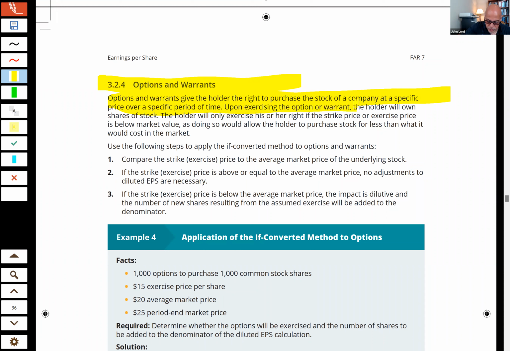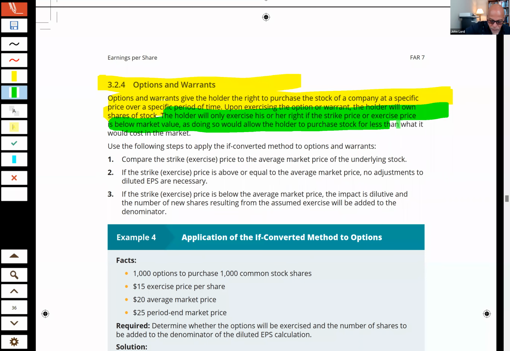Upon exercising the option or warrant, the owner will own shares of stock. The owner would only exercise their right if the strike price, or exercise price, is below value, so doing so would allow the holder to purchase the stock for less than it would cost in the market.